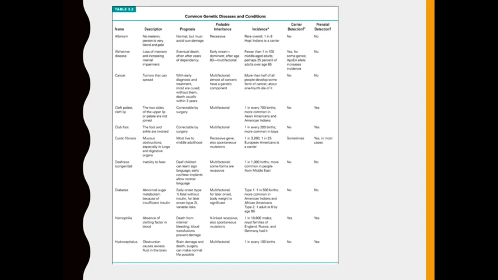But if you get it when you're older, we don't know the genetic component yet. You go down, cancer, multifactorial. Cleft palate, cleft lip, multifactorial. Clubfoot, multifactorial. Cystic fibrosis is a recessive gene, but there are spontaneous mutations that can cause that disease that causes mucus obstructions in the lungs and things.